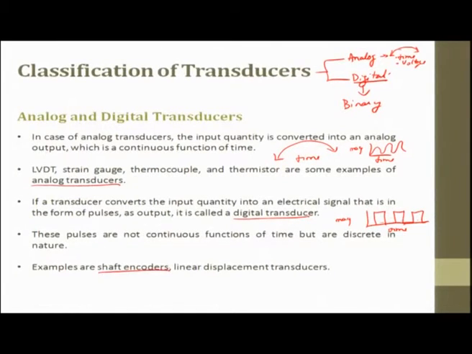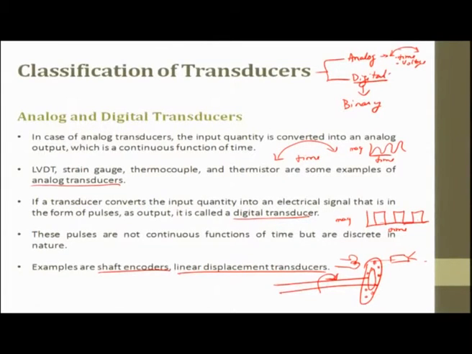Examples are a shaft encoder and a linear displacement transducer. What is a shaft encoder? You attach an encoder at the end of the shaft, and it will have a lot of slots. We pass a bulb, and then we have a photodiode which detects. Once this rotates, the hole lets light pass through, and next you will have a blind portion, then the next hole comes through.